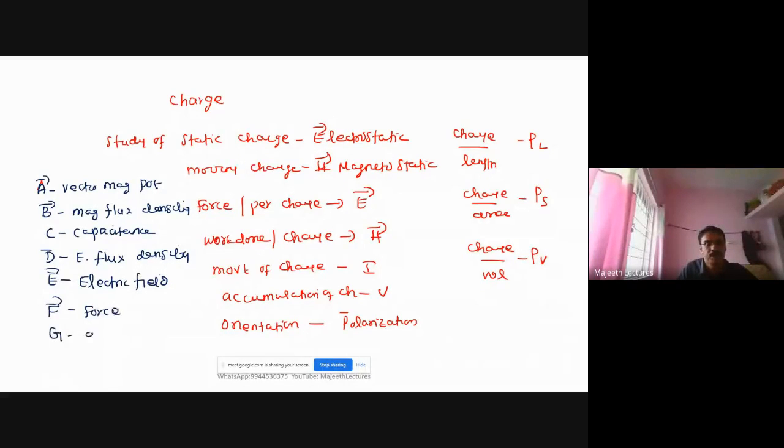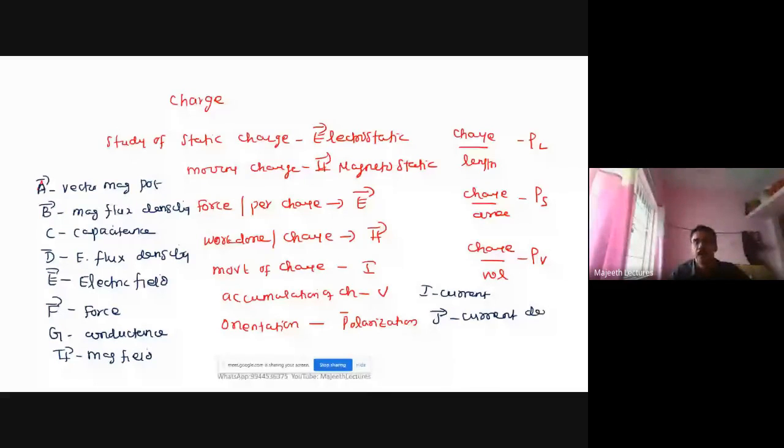G, conductance. Fine. H, magnetic field. I have no space, I write here. I, current. J, current density. Right.